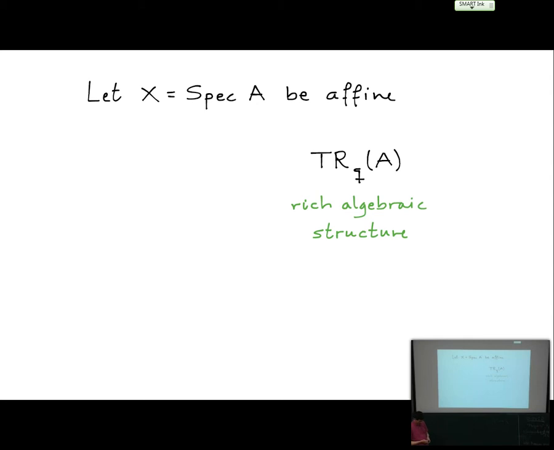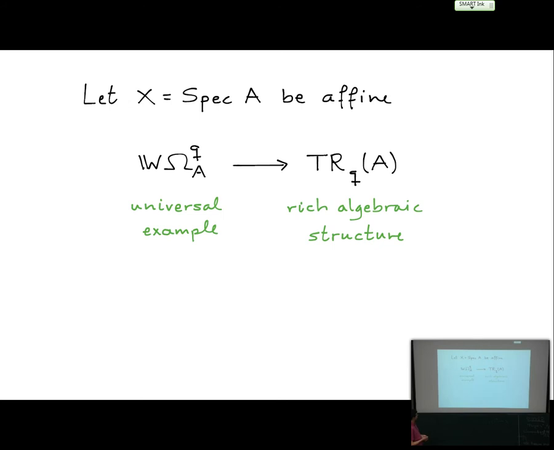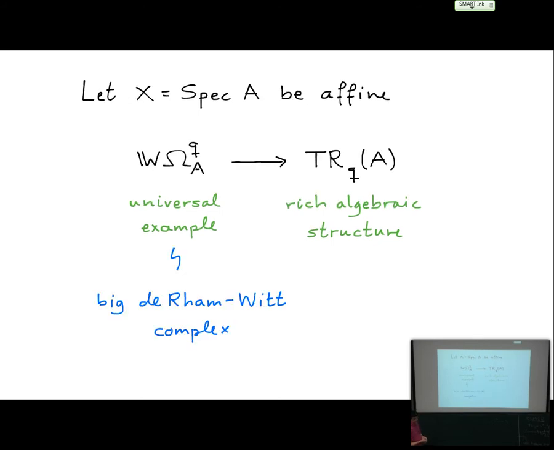As Kahn said in his lecture, pi naught is identified with the ring of big Witt vectors, which I will talk about later. And the big de Rham-Witt complex, by definition, is the universal example of this algebraic structure. So it is related to this TR theory in the same way as Milnor K-theory is related to algebraic K-theory.